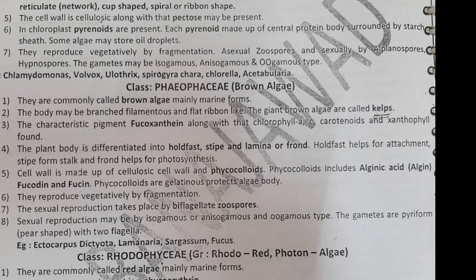Just remember, the cell wall is made of cellulose and it is covered by a gelatinous coating called algin. The algin, that is alginic acid, which is present in Phaeophyceae, covers the cell wall.